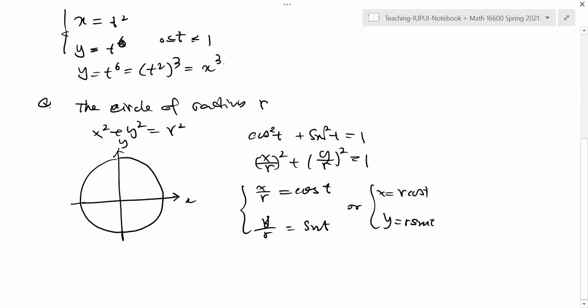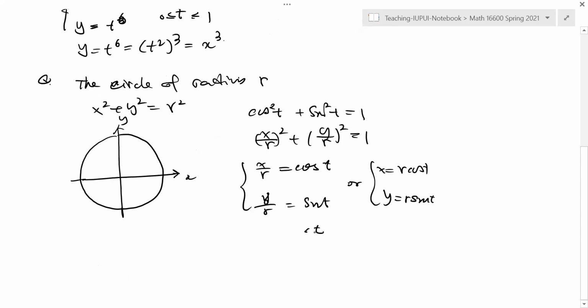Now what is the range for t? T can start from 0 and end at 2 pi, so you get the same point, and you get a complete circle.